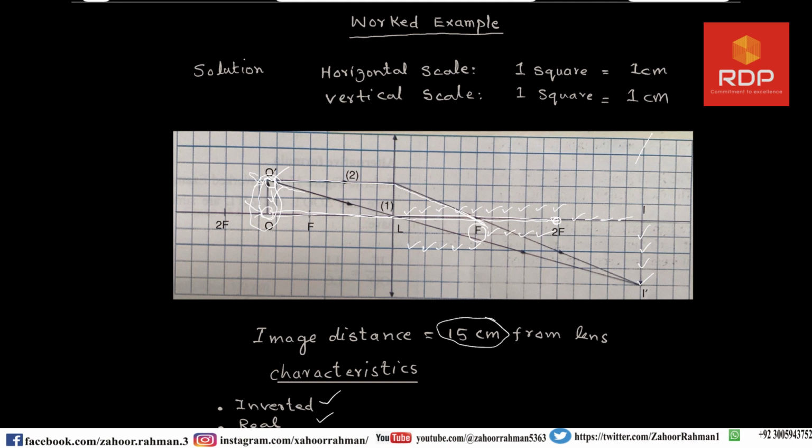So this shows that this is a magnified image of the object and it is double. We will discuss that in a moment and will derive it as well. Let's go back to the new lecture.